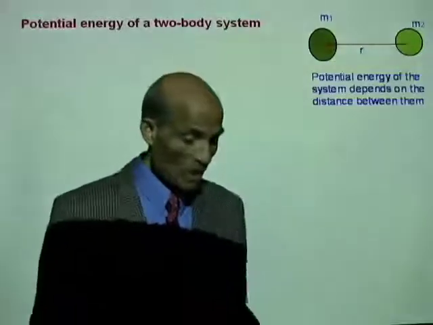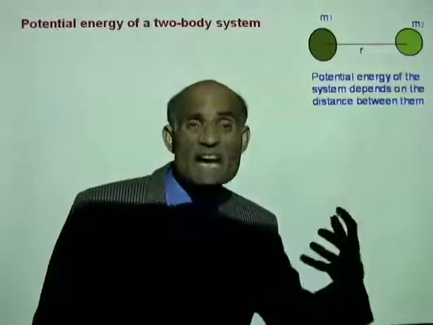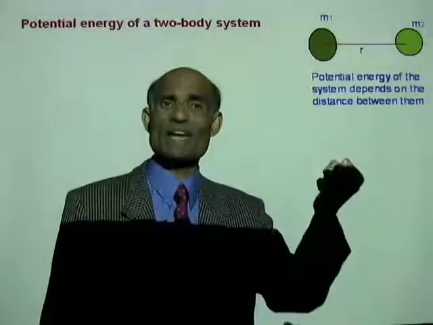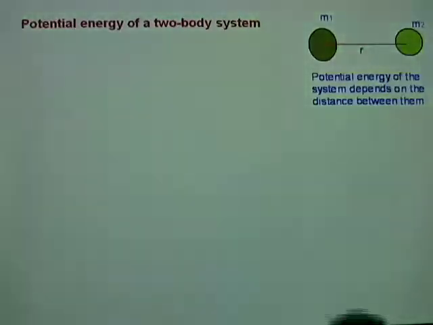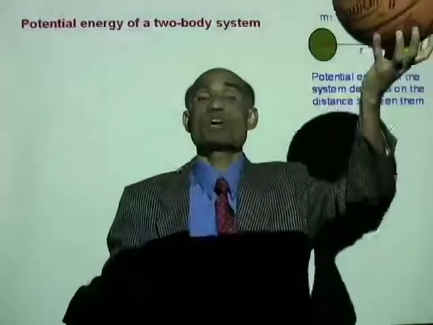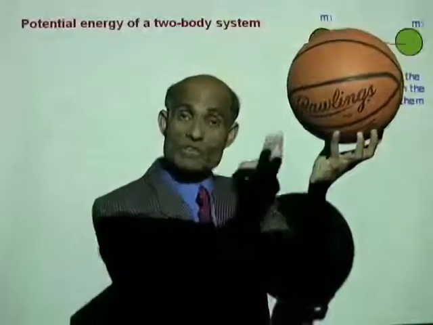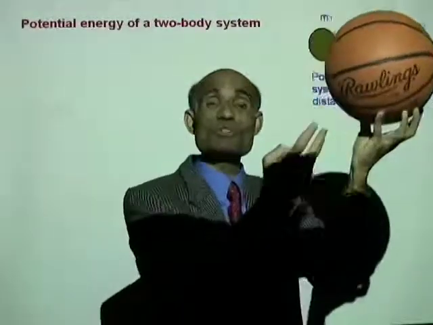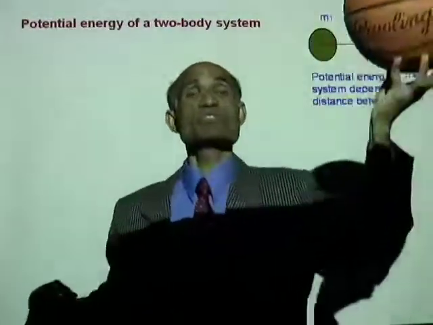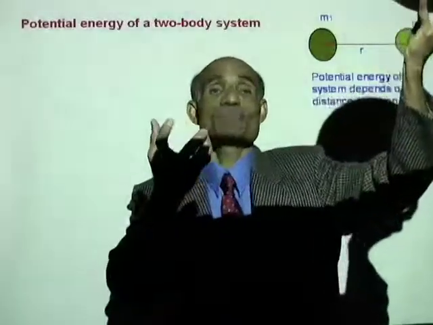When the basketball is on the surface of the Earth, we say it has the least potential energy. If I want to move the basketball away from the surface of the Earth, I need to do work. And the work I do supplies this ball with potential energy. As the distance increases, the potential energy also increases.